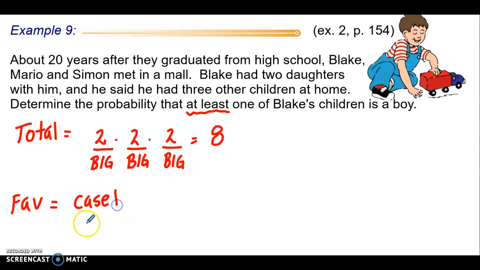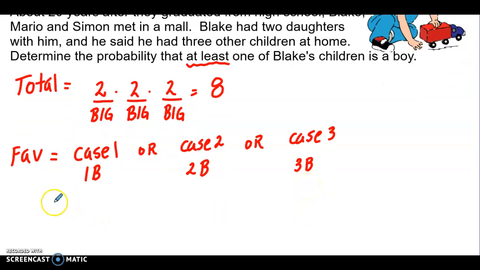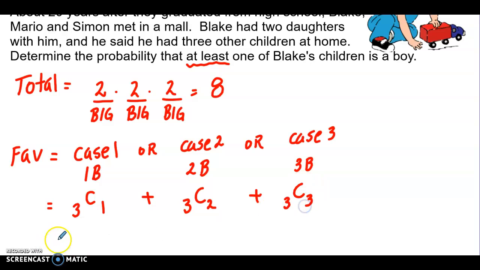So case 1 is if there is exactly 1 boy, or case 2, there could be exactly 2 boys, or case 3, there could be 3 boys. All 3 children can be boys. So again, 3C1 plus 3C2 plus 3C3.